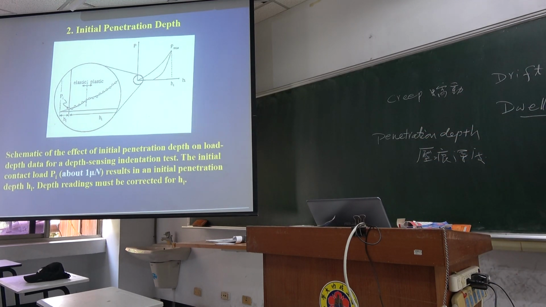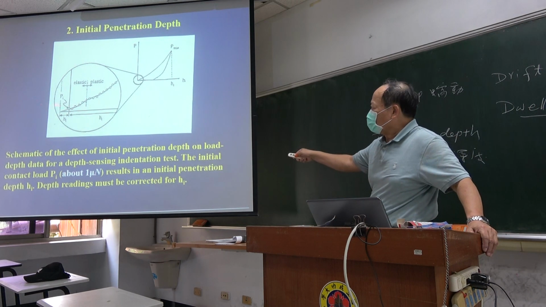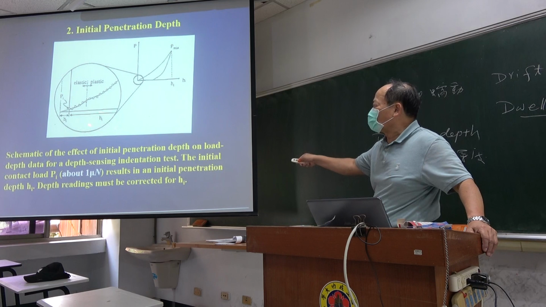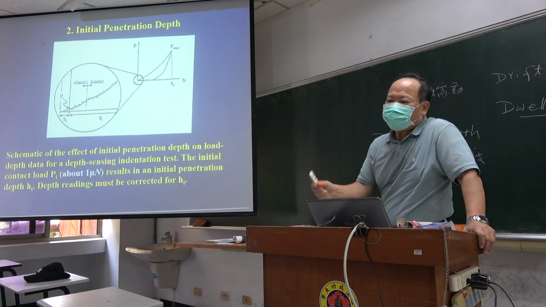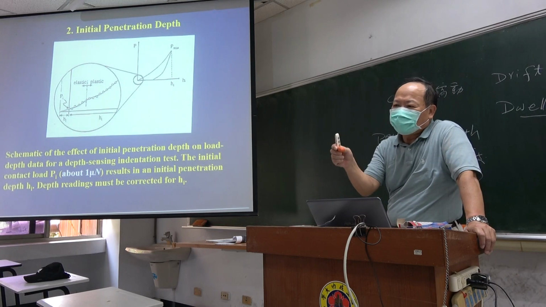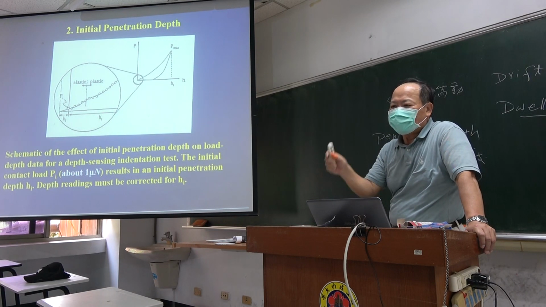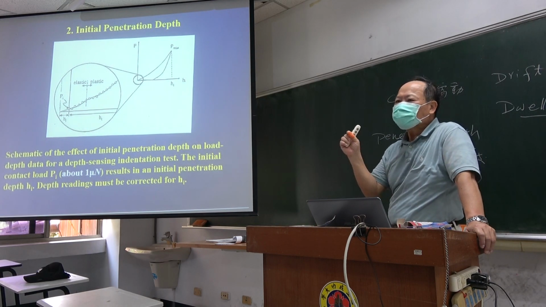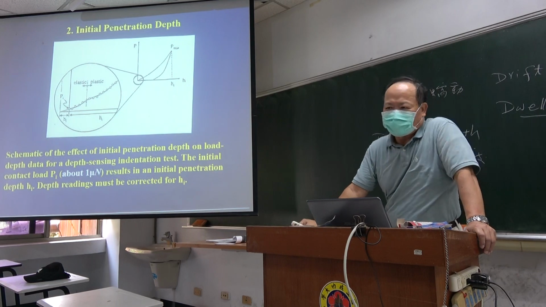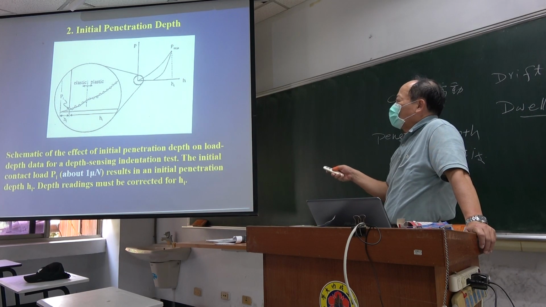This means that if your load is not enough, you will find that you don't have an indentation depth. For any solid body, when you apply a load that is insufficient, we don't have any indentation depth. This is the solid body behavior.